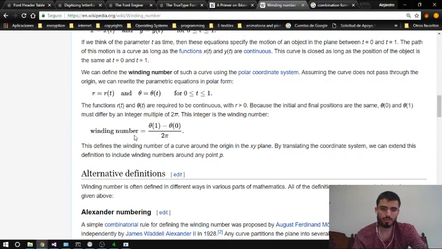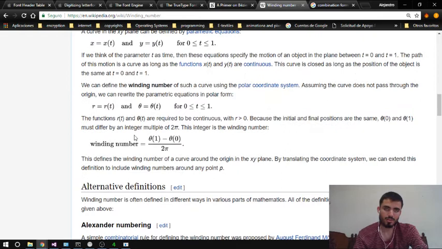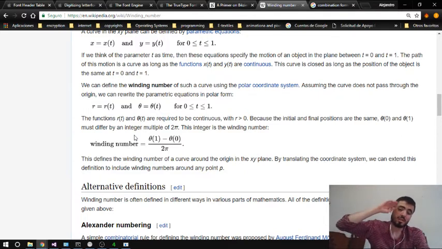It goes from theta 0 to theta 1, theta 1 minus theta 0, along the polar coordinate, and the period is 2 pi, since that's what defines a circle. So how many circles it has gone, it tells you the angle that it goes. Oh, cool. So this is polar, this is in radians.